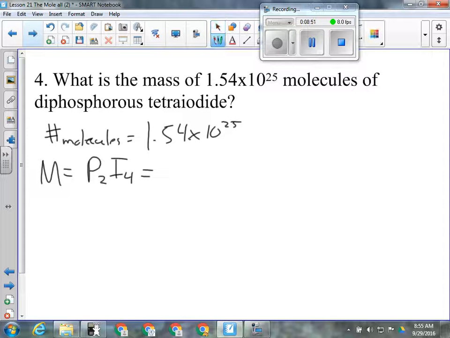Okay, so phosphorus is 30.97. And there are two of them. Then I've got 4 iodines, and they're like 100 and something. 126.90 times 4.